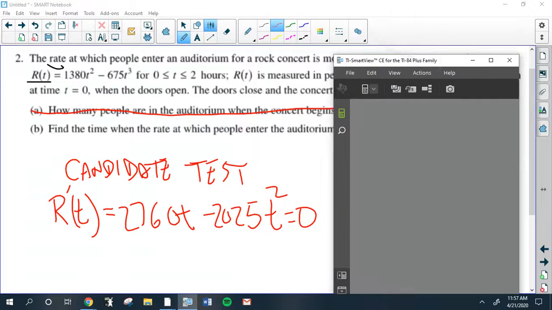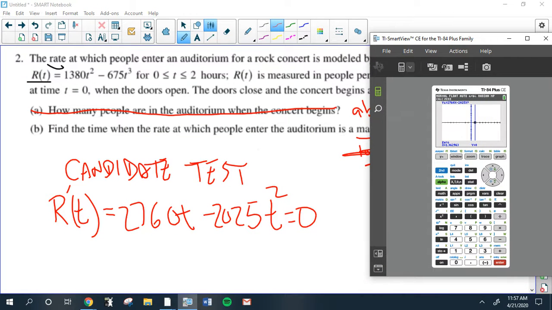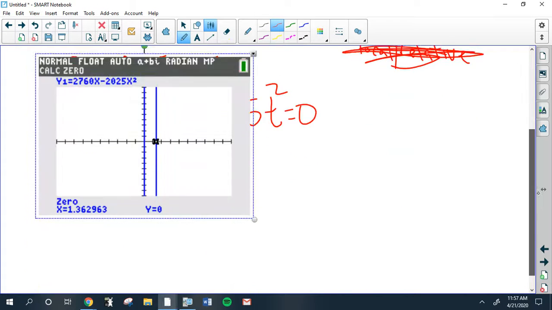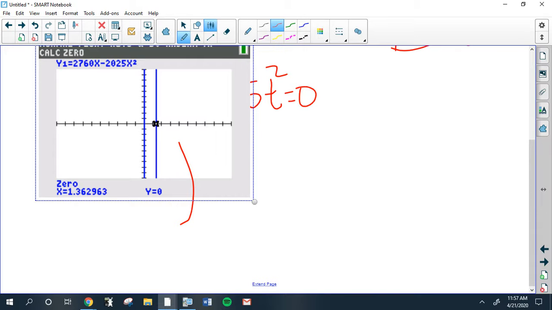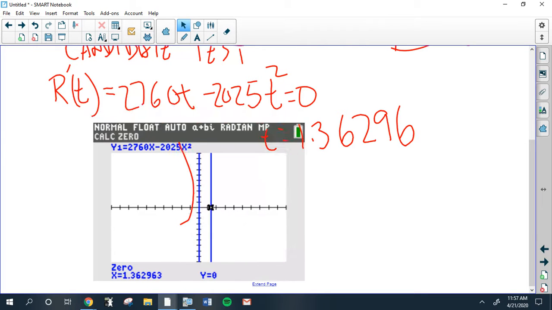And there it is. My critical number, therefore, is 1.36296. Make sure you keep this to more than 3 decimal places because it's not your final answer, it's an intermediate answer.